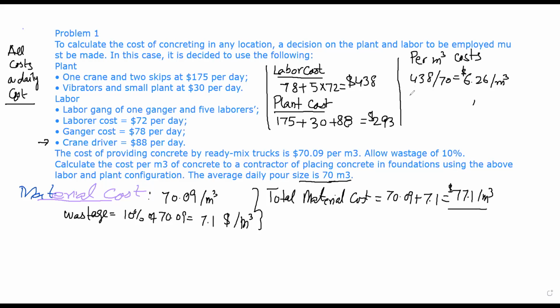And then over here the cost of plant will be 293 divided by 70. So 293 divided by 70, it will be 4.19. So it will be 4.19 dollar.